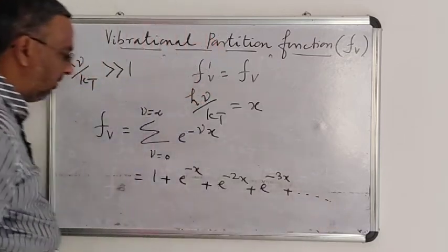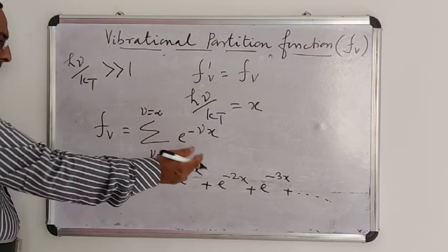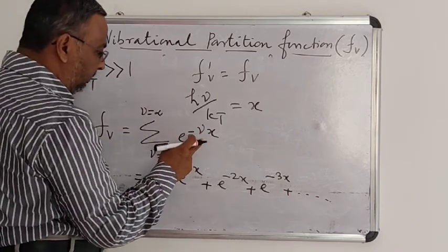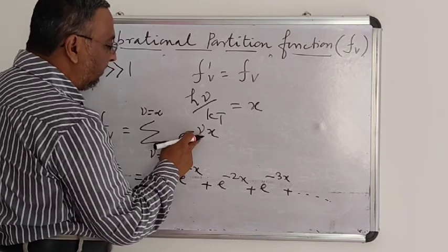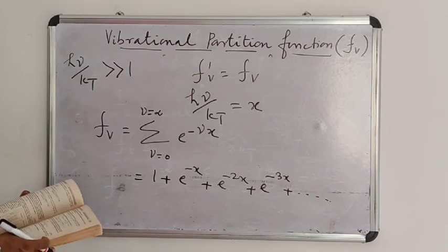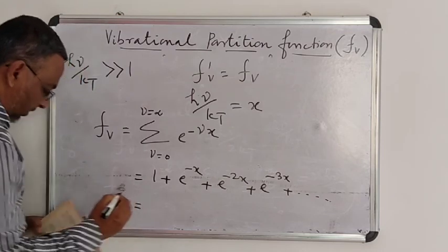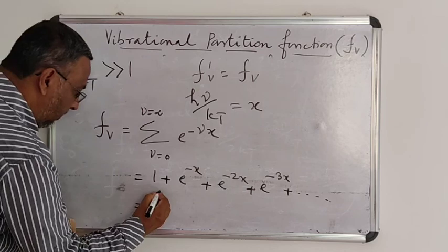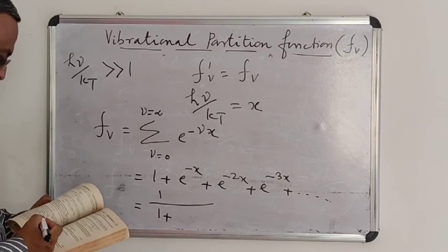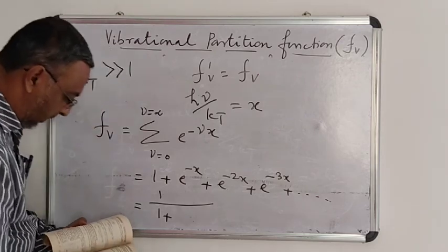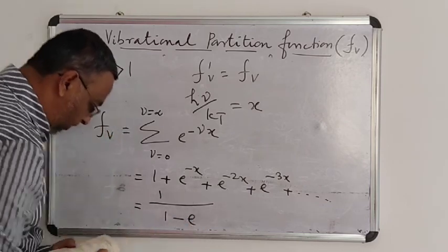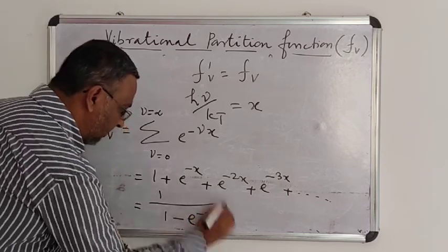I can write it in the form of an exponential series, expanding this: the 0th level, first energy level, second vibration energy level, third vibration energy level, like this. So ultimately it will be equal to 1 divided by 1 minus e power minus x.